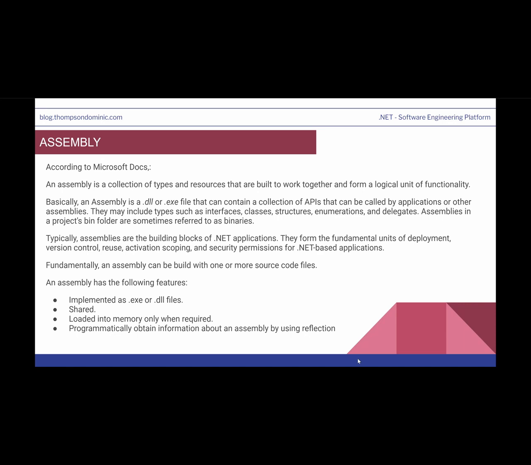And another thing I want you to understand is that you can load and inspect an assembly using the MetadataLoadContext class in the .NET platform. So those are the basic features you should understand and know about an assembly.